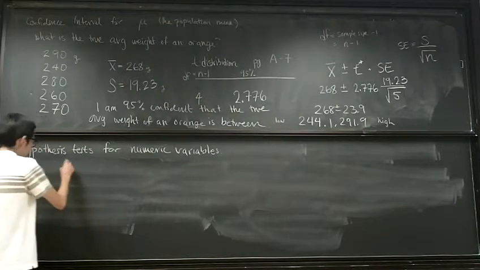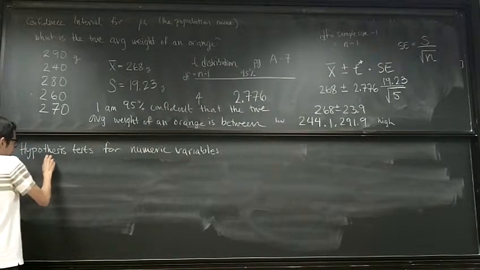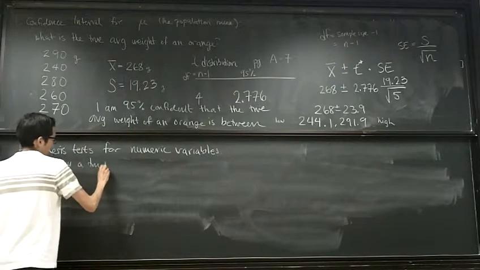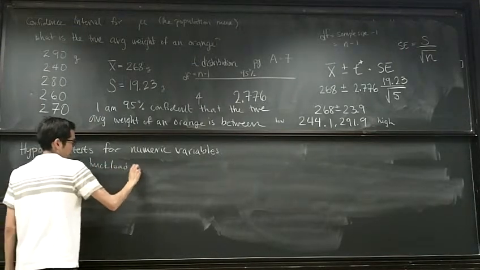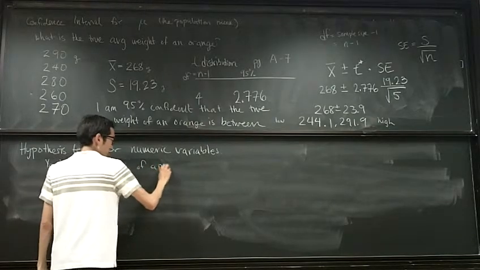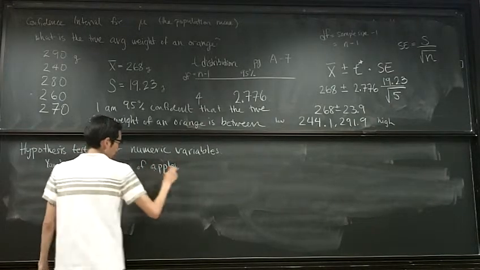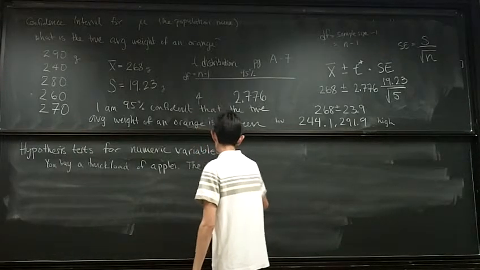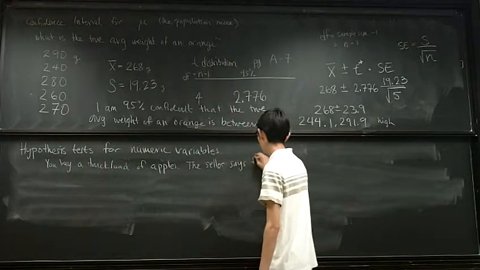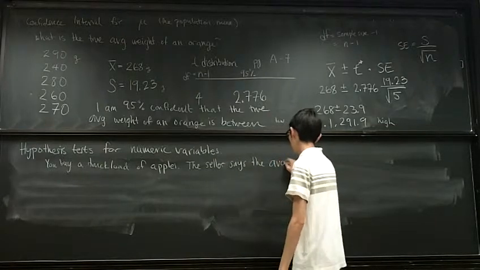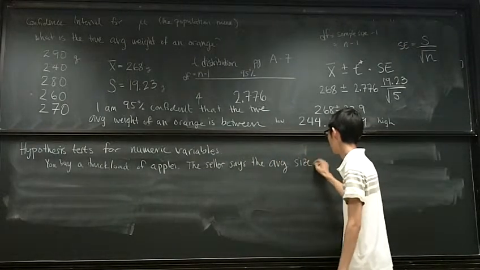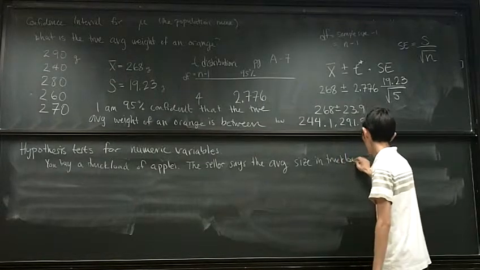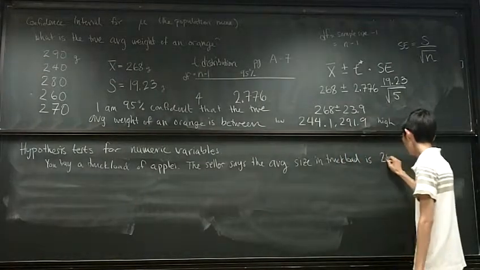So you buy a truckload of apples, and the seller says the average size in the truckload is 250 grams.